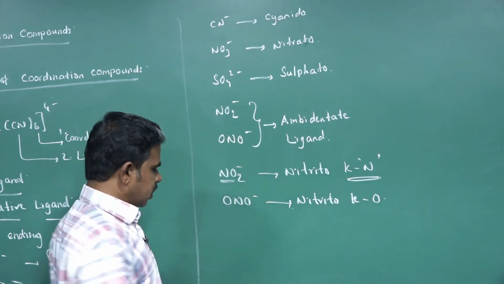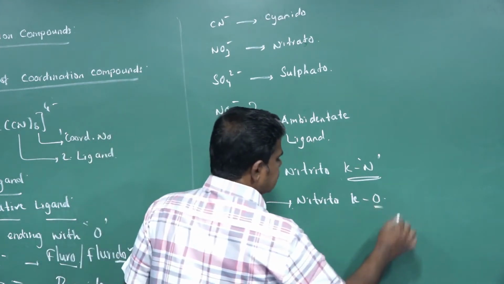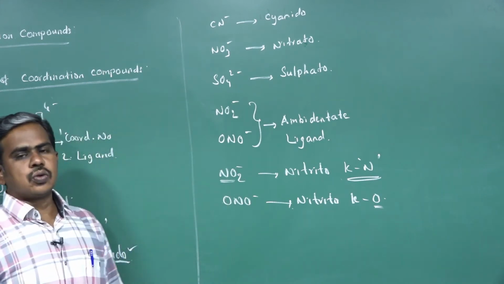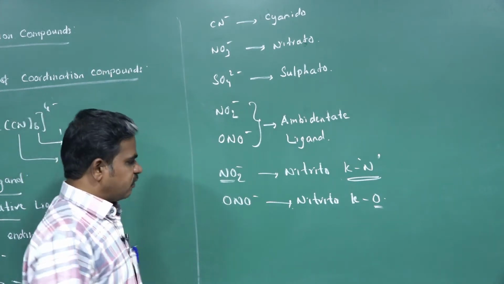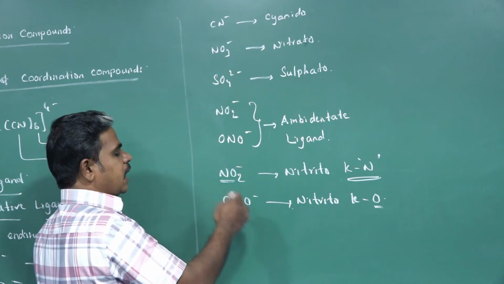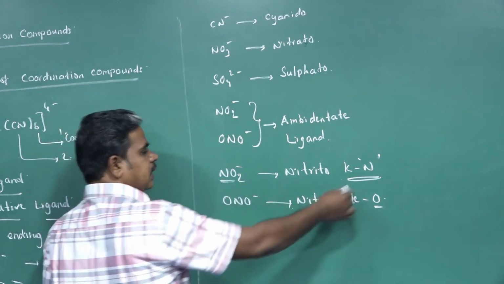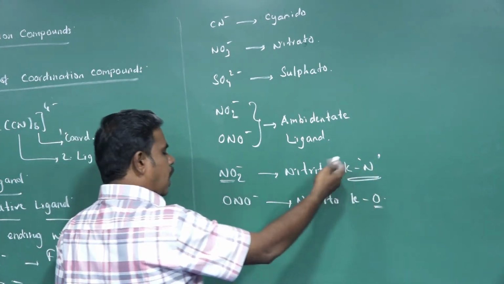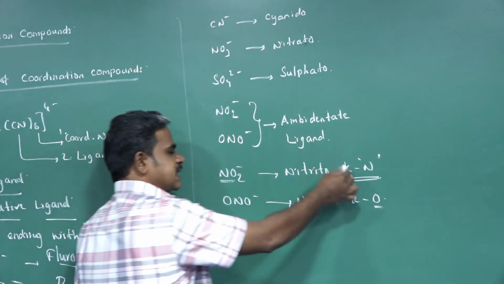What is the meaning of it? Here, oxygen makes a bond to the central metal atom. So for an ambidentate ligand, we may use kappa-N or kappa-O, so the term K is utilized.